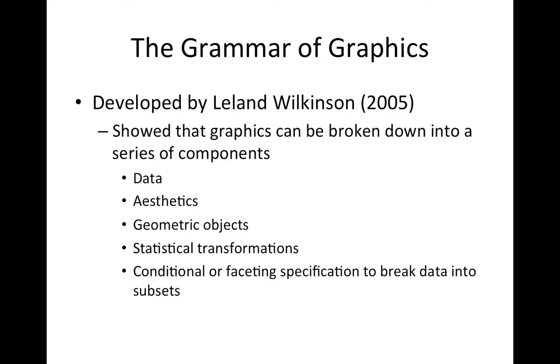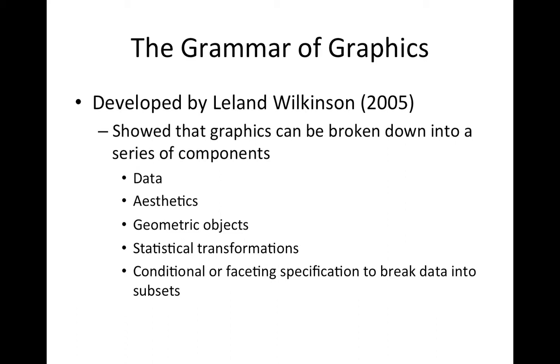And what Wilkinson did was to come up with a number of these components, and we start with data. So we have a data set of some sort, either continuous data or discrete categorical data, and we map the data to things that we can see, and he called these aesthetics. So aesthetics are the points or the lines that represent the data.